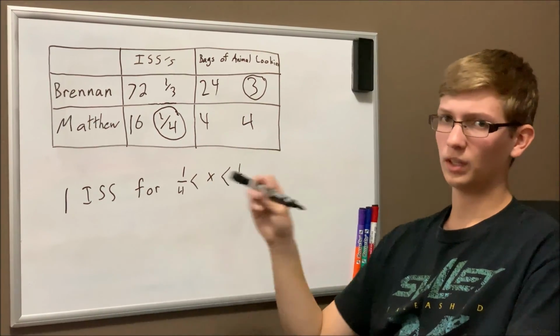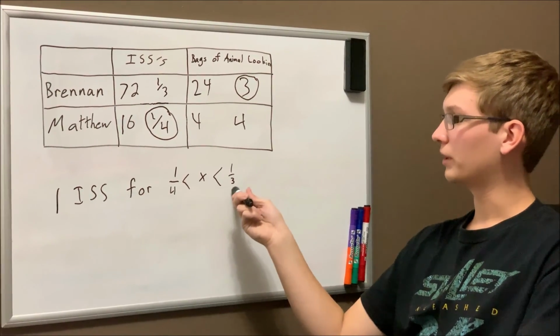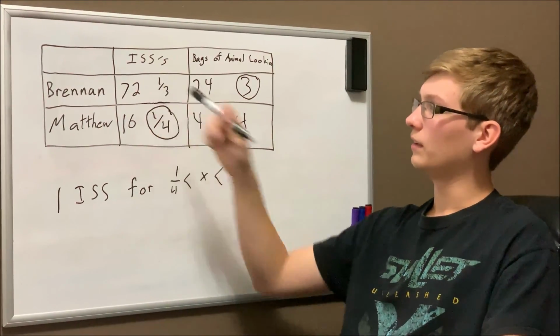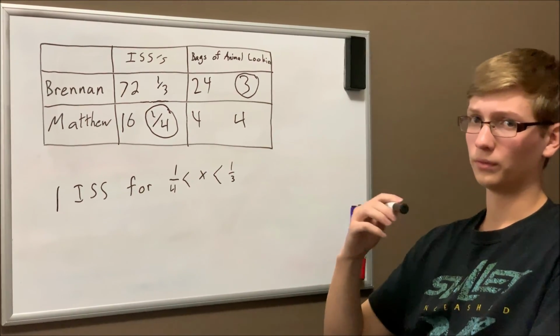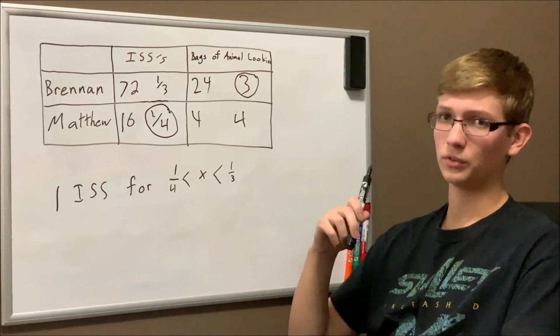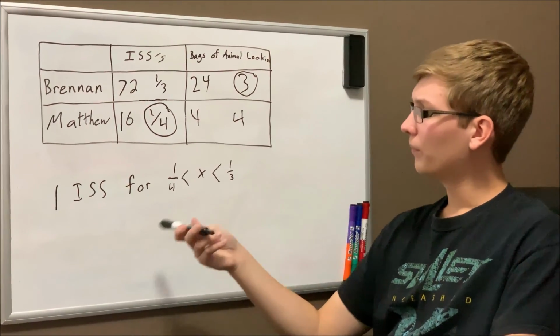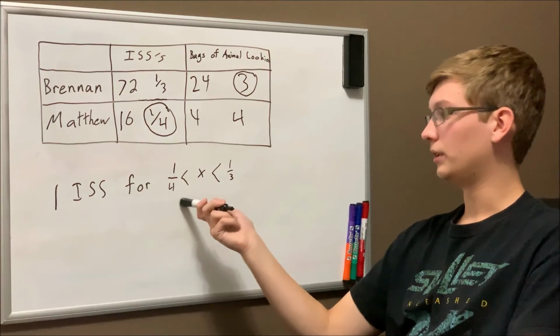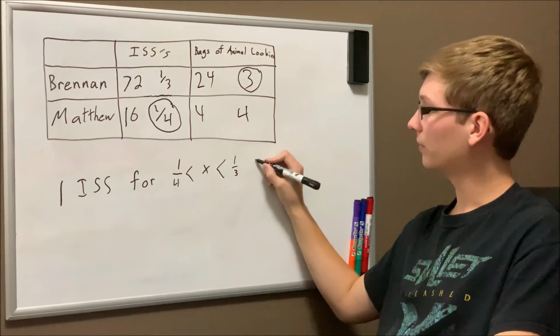So why would I give him the same amount that he could just make? But I'm going to want to trade less than a third, because otherwise it's costing me the same amount of cookies, so I could just make the cookies on my own, rather than me giving them to him. So, one ISS for between a fourth of a bag and a third of a bag of cookies.